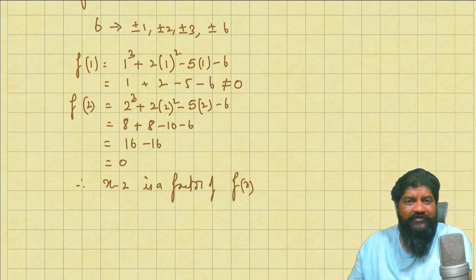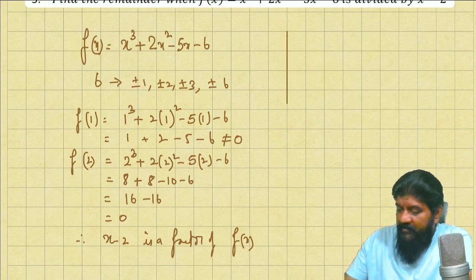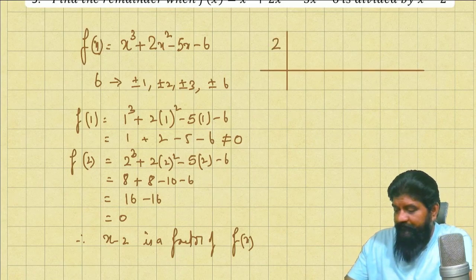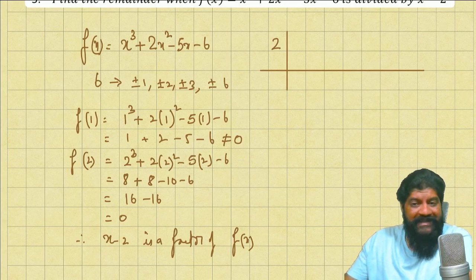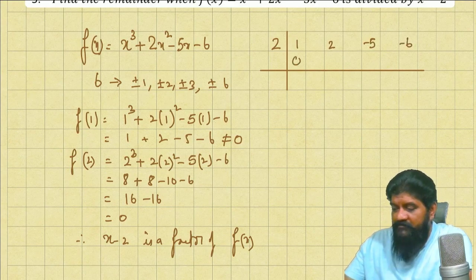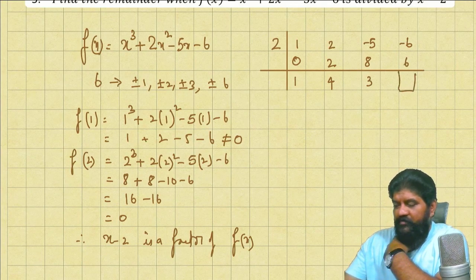So how is that going to help me in synthetic division method? Under synthetic division method, you're going to look at the significant number, and the significant number is going to be 2, because 2 was the one which gave me a 0. What next? Write the coefficients: 1, 2, minus 5, minus 6. First column 0, add, multiply, add, multiply, and then you get a 0 over here.